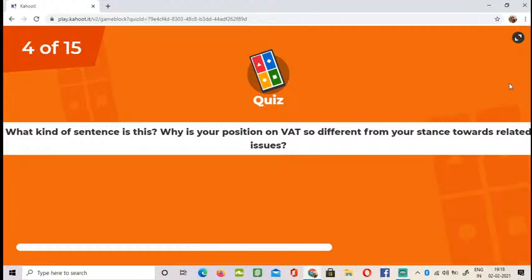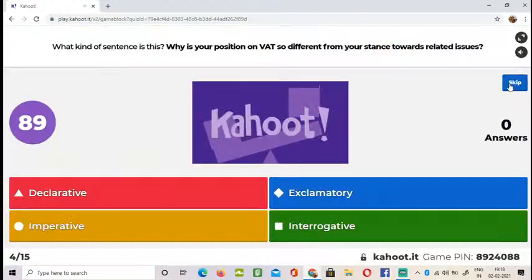Here is your sentence, that is, why is your position on VAT so different from your stance towards related issues? It's a very easy one. Let me repeat the hint again, that is, a declarative sentence is nothing but which gives you information. An exclamatory sentence is which expresses strong feeling, and an imperative sentence asks you a request or command, and an interrogative sentence is nothing but which questions you.